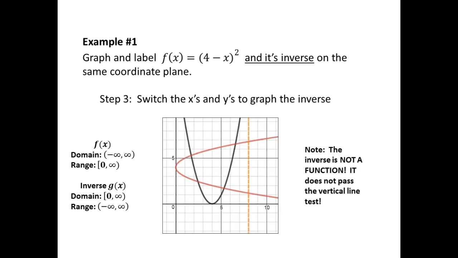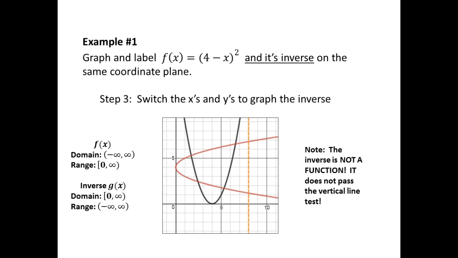All right. The problem is my inverse is not a function. If I apply the vertical line test, then I see that all the x values except one have more than one y value, so it's not a function.